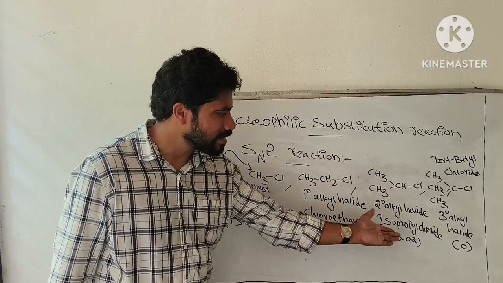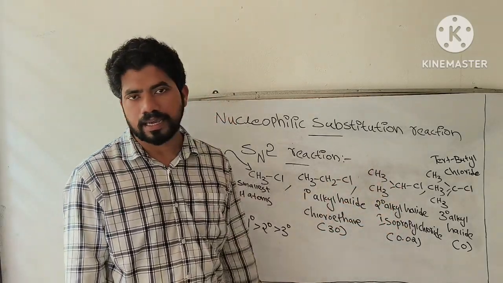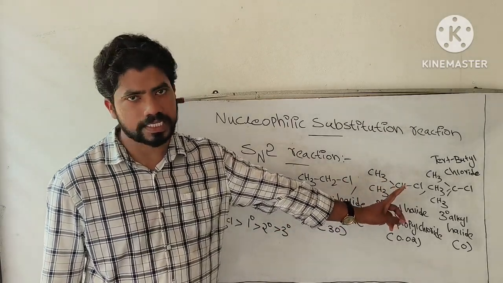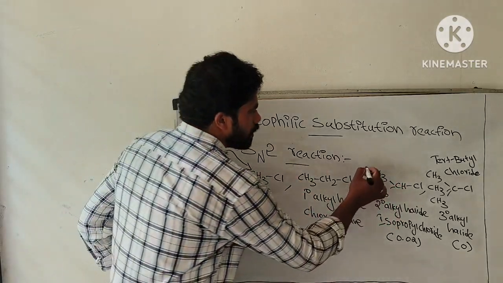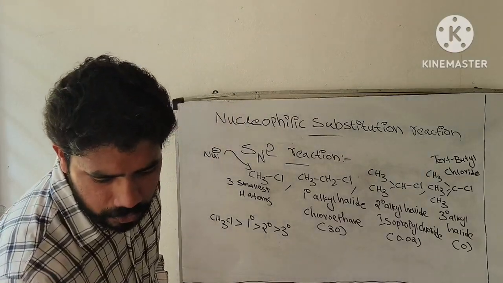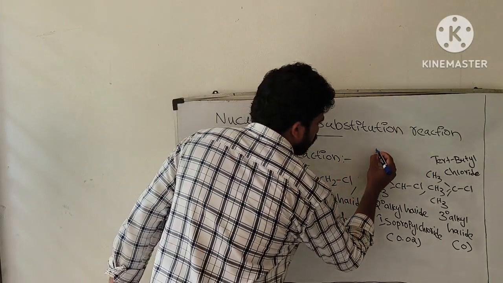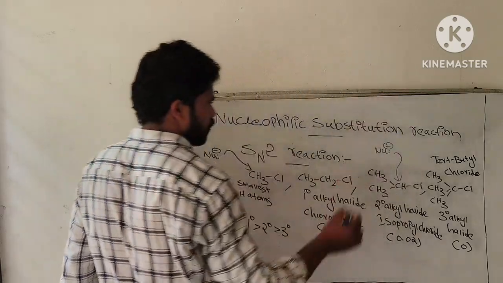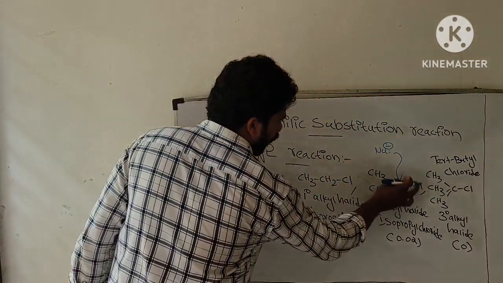While in the case of isopropyl chloride, it's a secondary alkyl halide. There are two methyl groups and a small hydrogen atom. When the nucleophile comes to attack this way, it is possible because there is a small hydrogen.